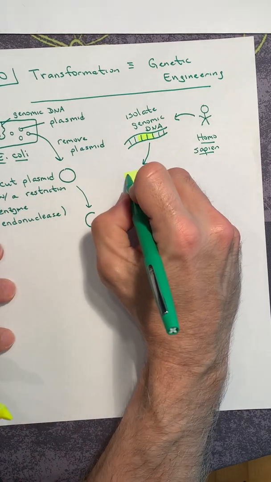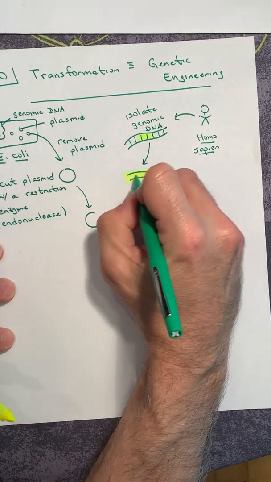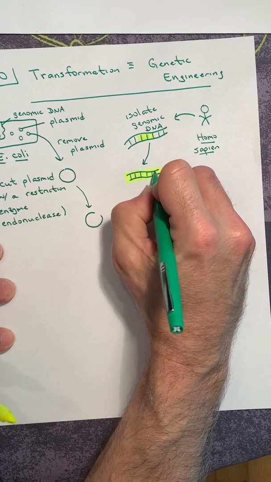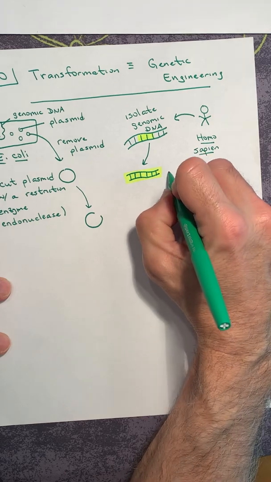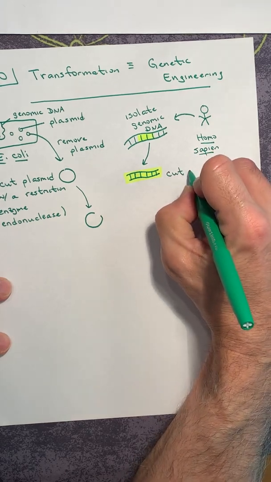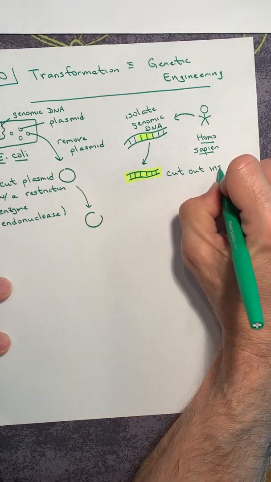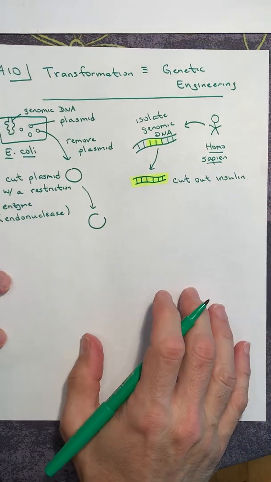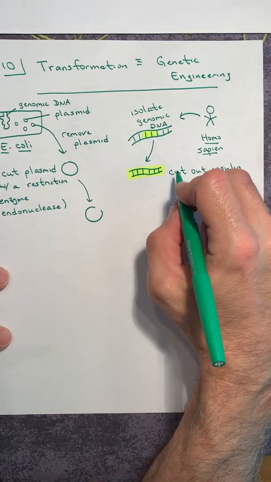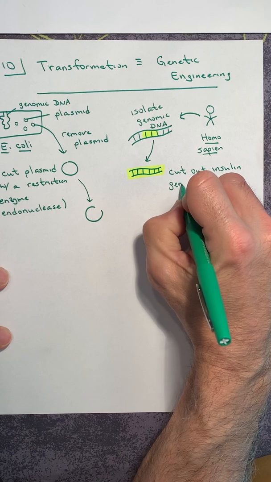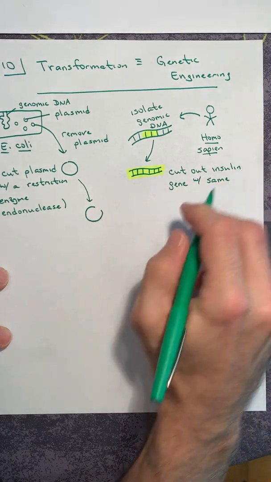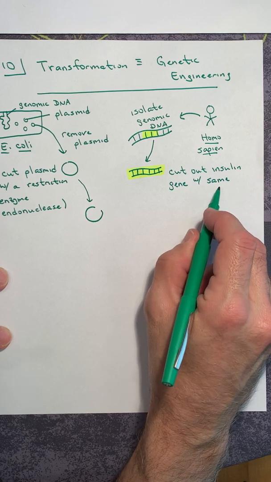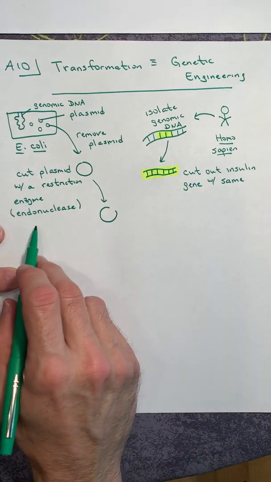Now, at the time, this was groundbreaking science. This was revolutionary to the biotech industry. And so what occurred is they cut out the insulin gene. Now, what's important is that they used the same restriction enzyme that you used over here.